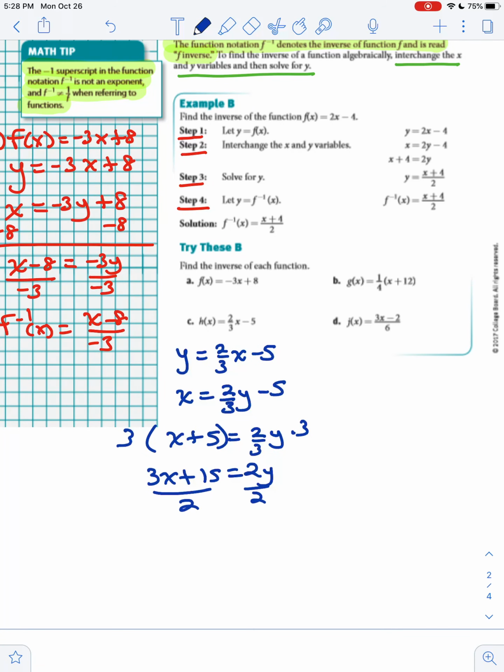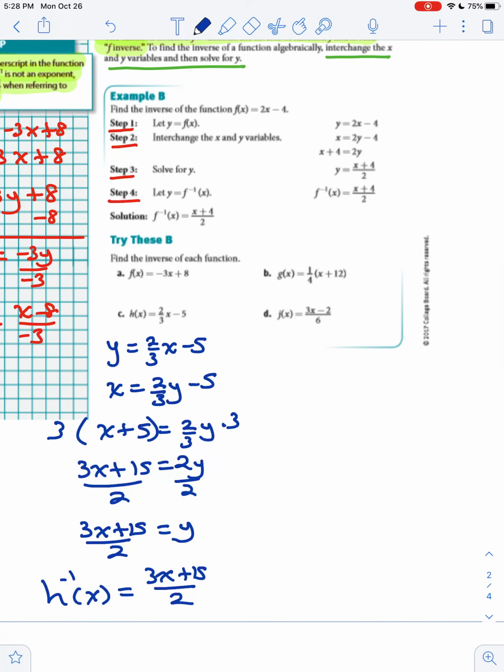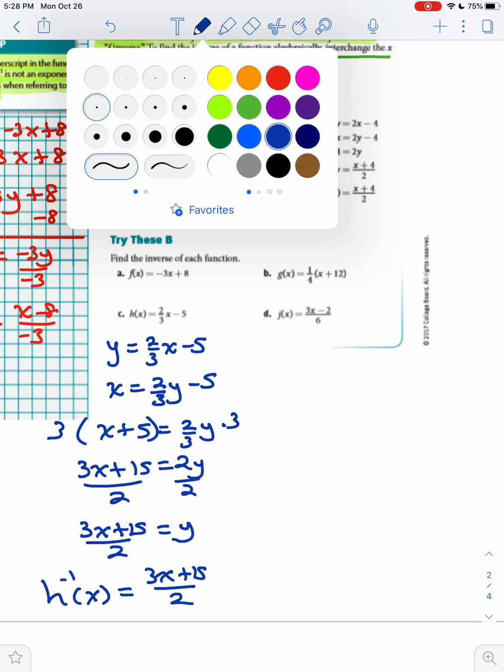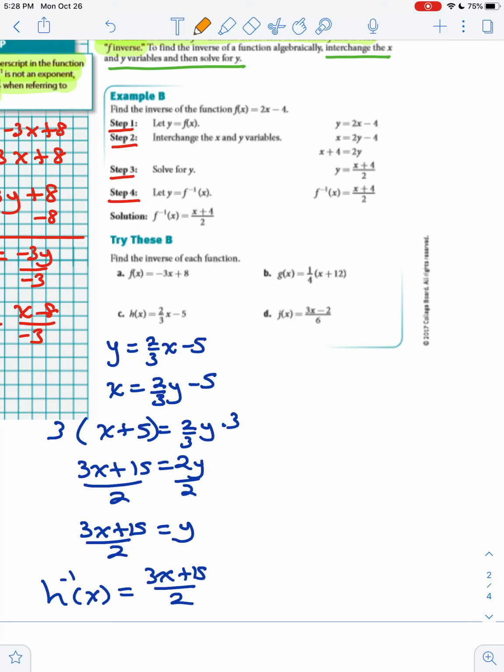So that'll make it 3x plus 15 equals 2y. Now finally divide by 2. So I have 3x plus 15 divided by 2 equals y, which I can now replace with the inverse notation, which will be 3x plus 15 divided by 2.